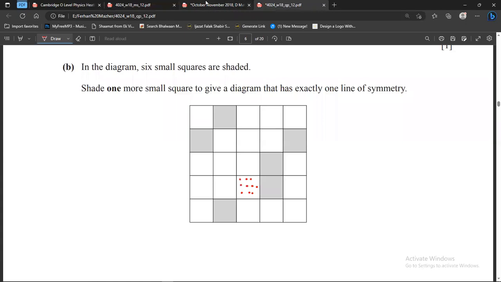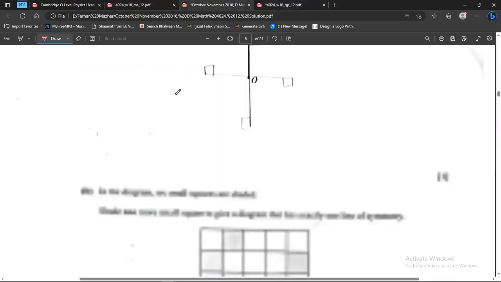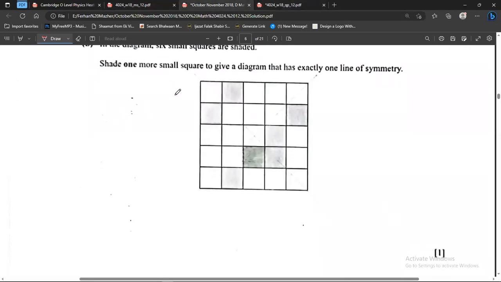So along the line of symmetry, there are 2 things important for the line of symmetry. You see in the line of symmetry, this is shaded, this is shaded, because the diagram is not very clear. So this is the line of symmetry. This cannot be the line of symmetry.